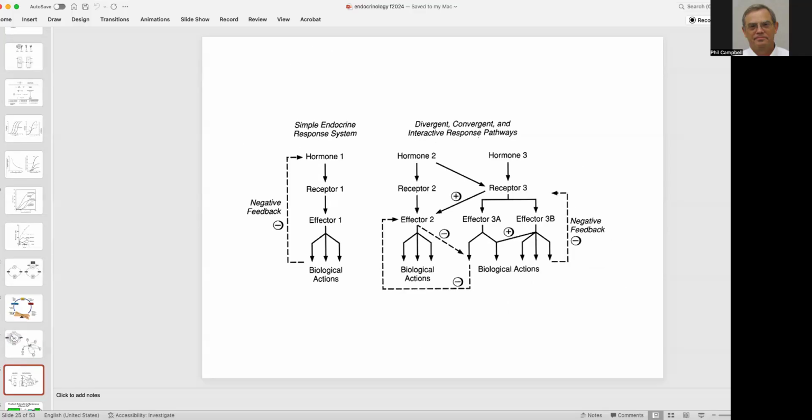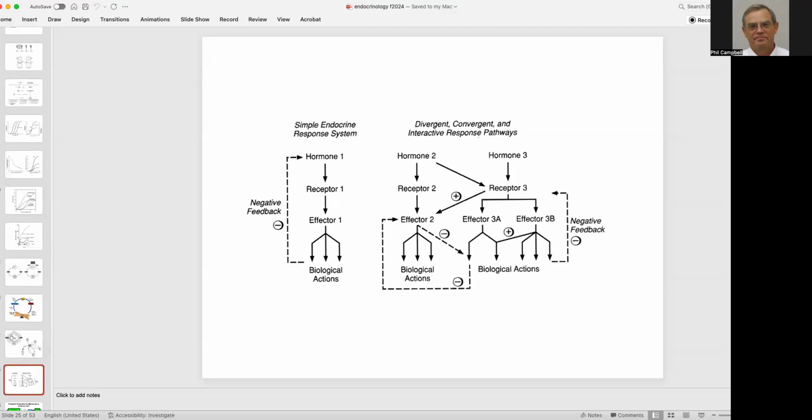Now, again, just to reiterate, there is interaction between multiple hormones and their effector systems. So here is a classic, simple response system. Basically, we have our hormone, our variable. It binds to the receptor. It elicits an effect. And those reactions have negative feedback. Really simple.